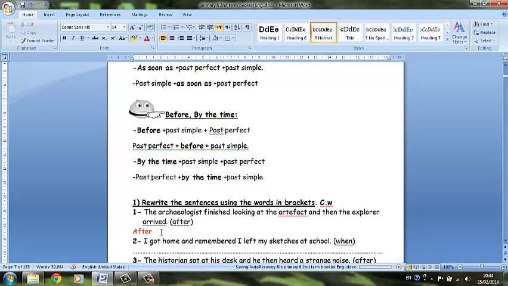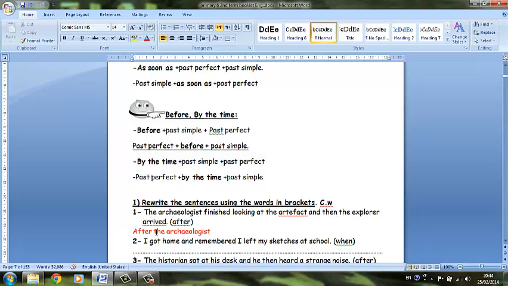So I will write after the archaeologist finished, okay, are we going to write finished?